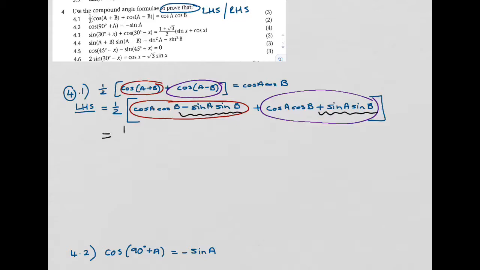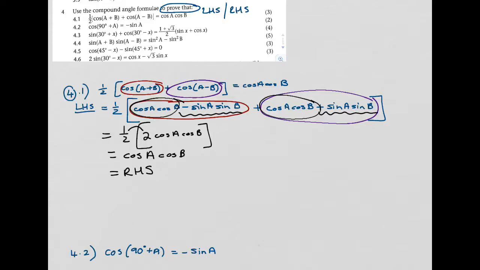So we're going to be left with a half into, we're going to have two lots of cos A cos B, and then when we multiply the half in, we're going to be left with just cos A cos B, and that is equal to our right-hand side.